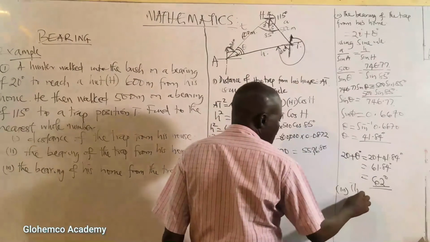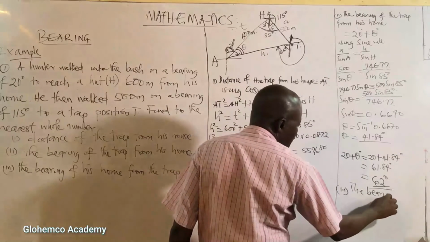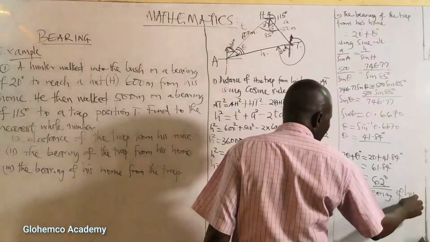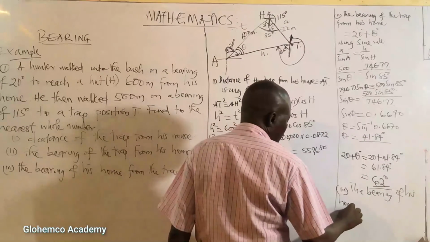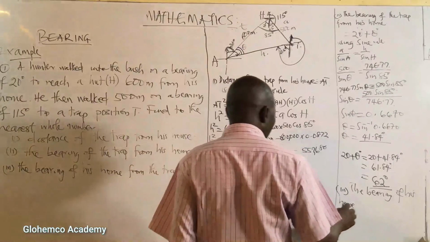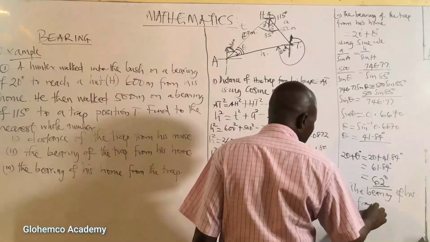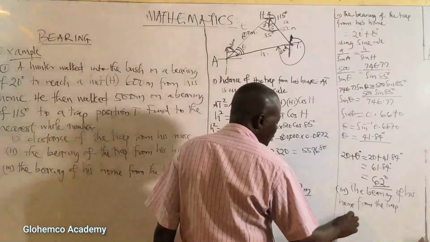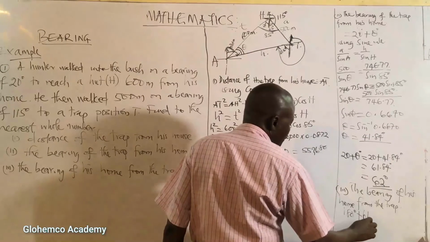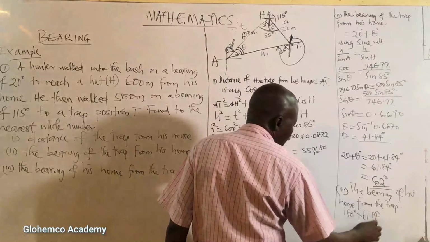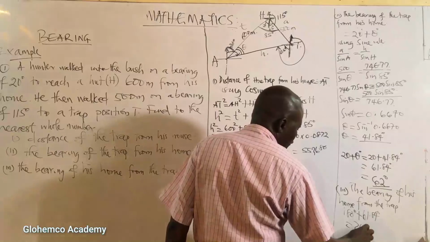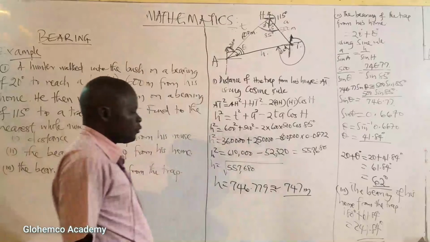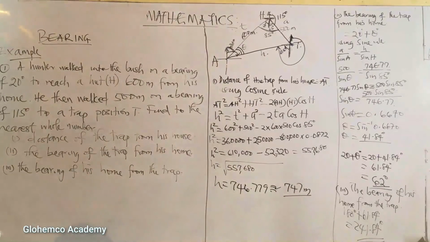So the bearing of his home from the trap will be 180 degrees plus 61.84, which is 241.84 degrees.